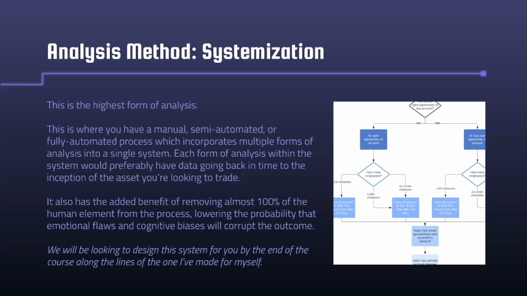Each form of analysis within the system would preferably have data going back to the inception of the asset you're looking to trade. This is for extra testing reliability. It also has the added benefit of removing almost 100% of the human element from the process, lowering the probability that emotional flaws and cognitive biases will corrupt the outcome. We will be looking to design this system for you by the end of the course, along the lines of the one that I've made for myself, because this is the method that I use.